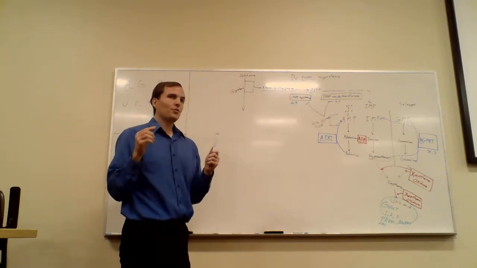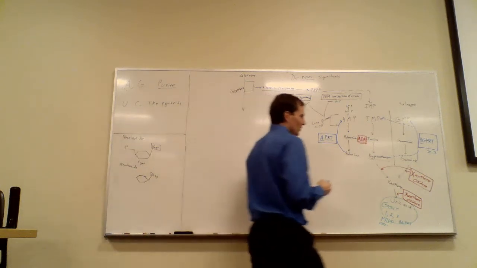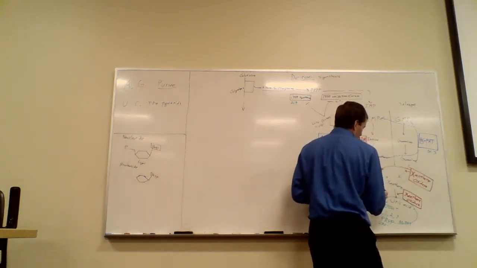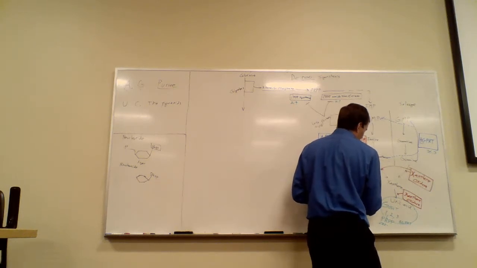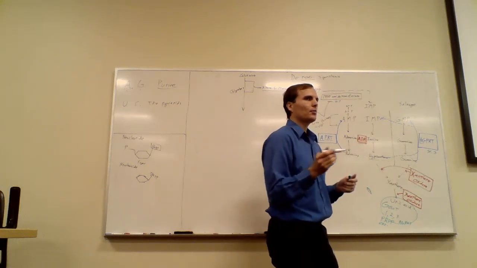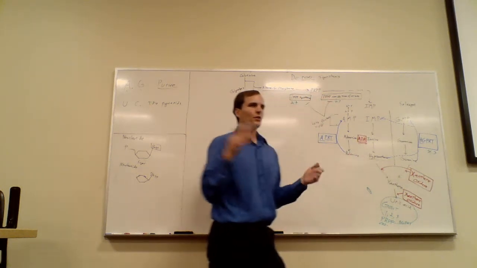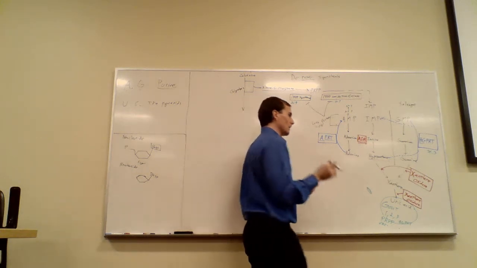And if we wanted to treat gout, there is one other thing that we could do, and that is throw in something called allopurinol, allo meaning other, purinol. So other purine. It's not a real purine, but it looks a lot like a purine.